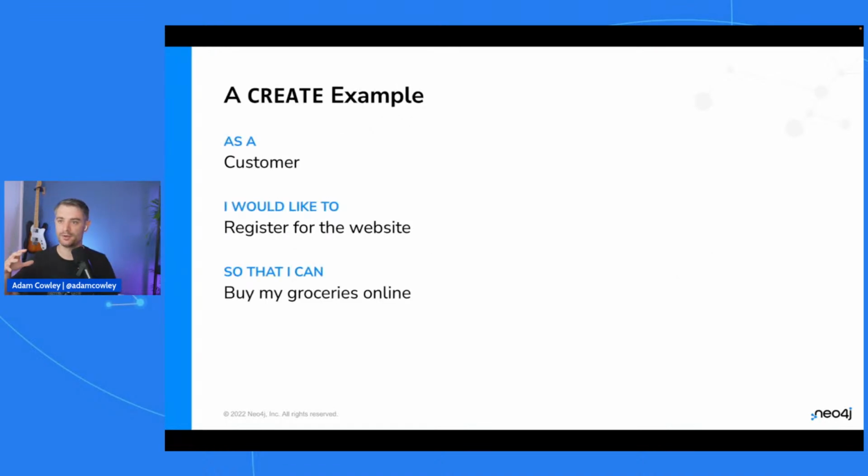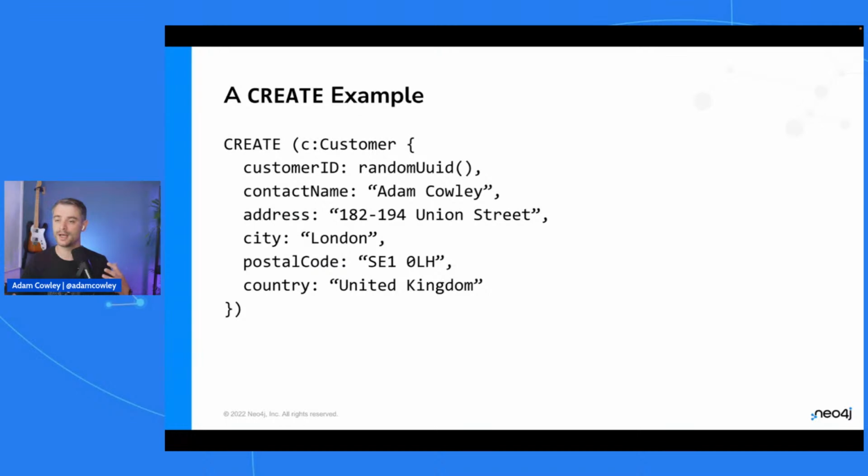So let's take a quick example. As a customer, I would like to register for a website so I can buy my groceries online. So what we want to do here is create a customer in our database. This is what a create statement looks like. We're creating a pattern in the database. Now this pattern is only a pattern of one node, but a pattern nonetheless.